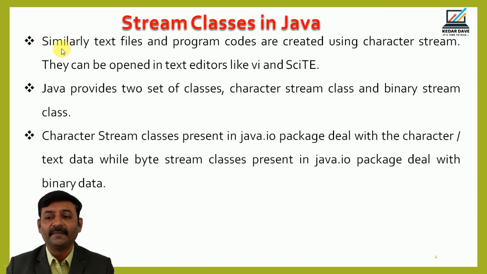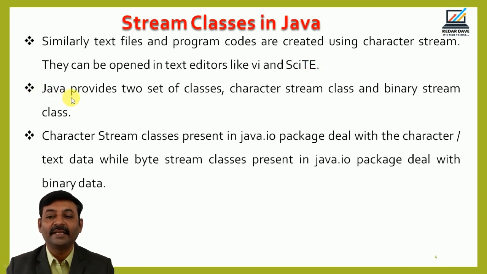Similarly, the text files and the different types of program codes we write are created by using character streams, and they can be opened in different text editors available in various operating systems, such as the vi and Skype text editor.